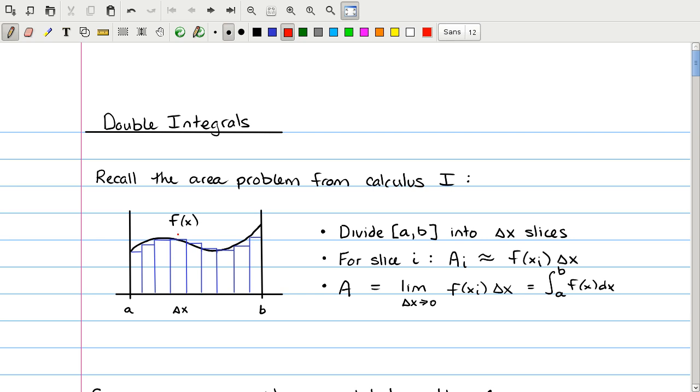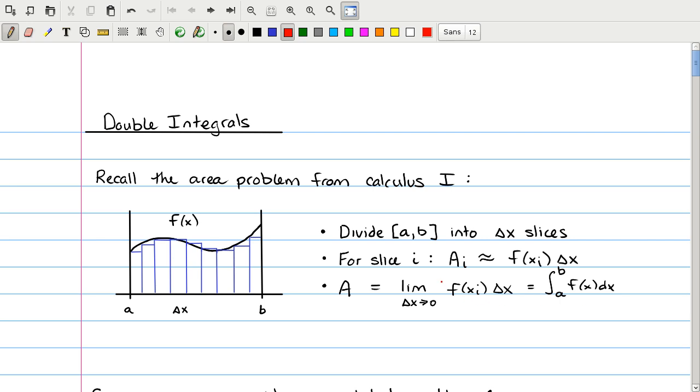You can take a pretty simple approach. You just pick a value of x within the slice and choose f of that value. That would be your f of x i. That's the height, and multiply that by delta x, that's the width, and that gives you a small amount of area.